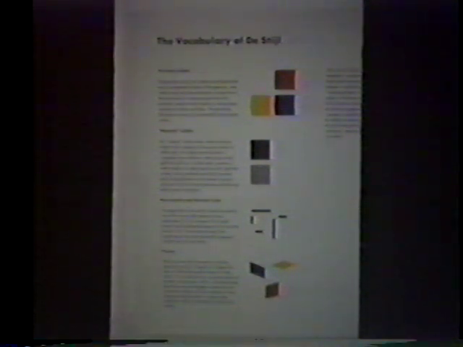Planes are the way we experience space. An area of color establishes a shape or a plane. This was pretty courageous, to say we're going to throw out everything in art and design except these basic elemental properties: primary colors, neutral colors, horizontal and vertical lines, and planes.